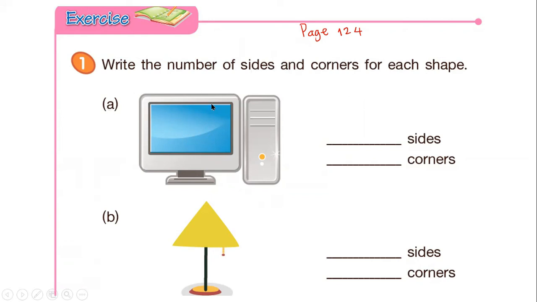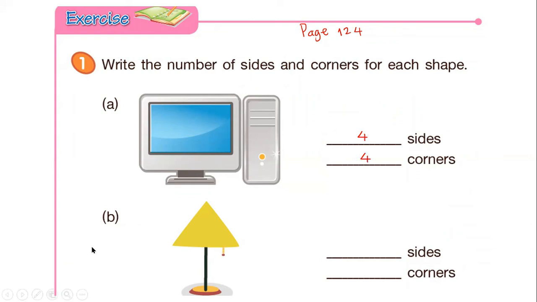Okay, we look at part A. How many sides can you see? I can see 1, 2, 3, 4. So I have 4 sides. How about corners? 1, 2, 3, 4. So it has got 4 sides and 4 corners.